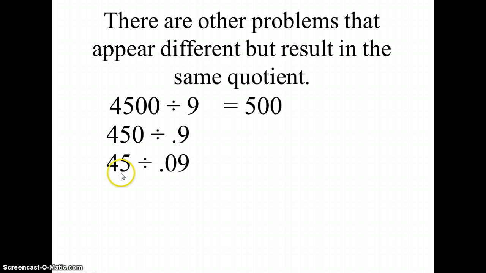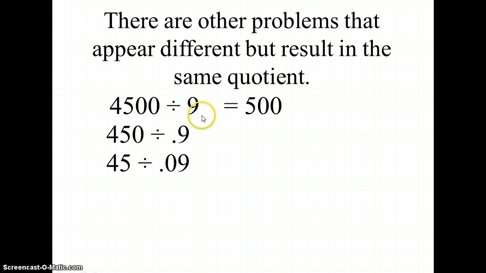If I move it one place to the right to get 9/10ths in the divisor, I have to do it in the dividend as well. Since my decimal's at the end, my decimal then gets moved over one place to the right, and I need to add a 0. I can do that again so that 9/10ths becomes a whole number.